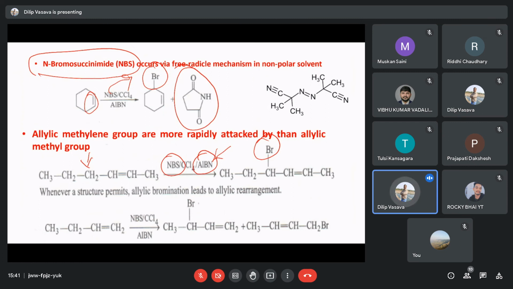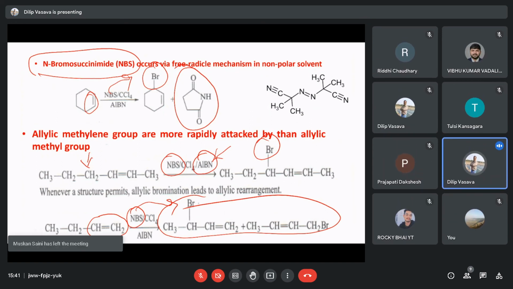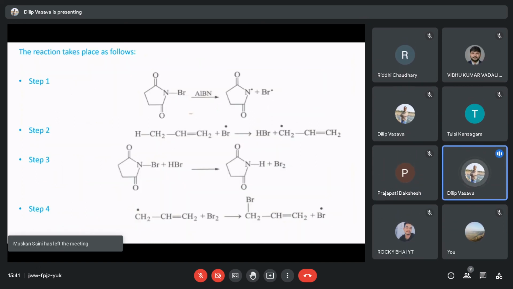But as I have mentioned, NBS is more useful for bromination. And when the Hoffman product is given, or when the double bond is at the end of the alkene, a terminal alkene, then it is possible to get a mixture of brominated products. So this is how the bromination takes place.